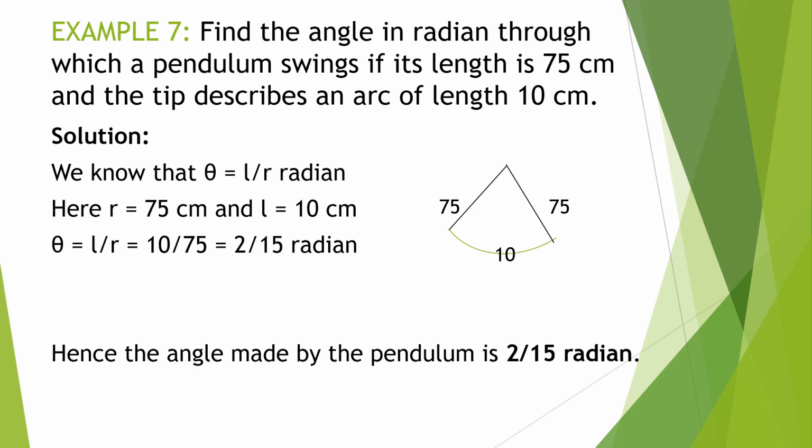So theta is equal to L by R radian. What is R? R is given to be 75 because the length of the pendulum is nothing but the radius of the circle. So theta is equal to 10 upon 75 or 2 by 15 radian. Since we want the answer in radian, we don't need to do any other conversion. So the angle made by the pendulum is 2 by 15 radian.